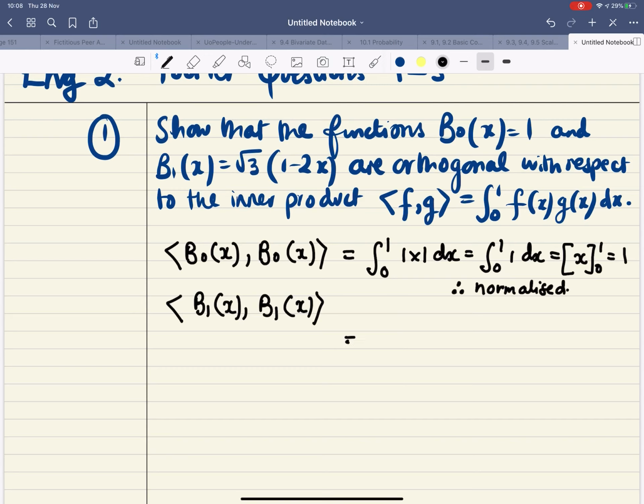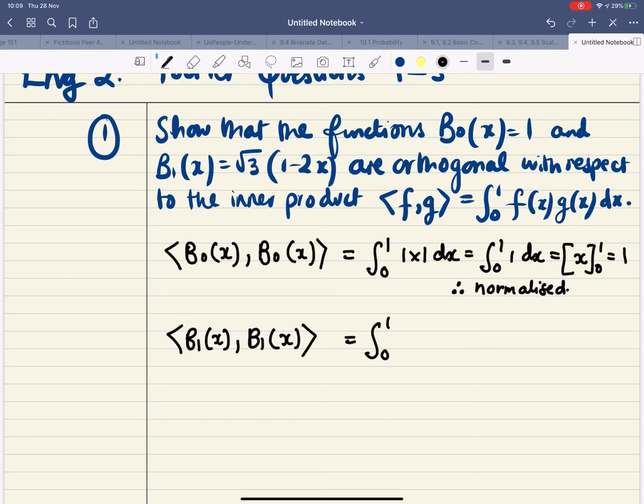So this next one, this is the integral from 0 to 1. Let's put this down a line, it's too squashed otherwise. b1x with b1 of x, integral 0 to 1. Now it's root 3, 1 minus 2x, and because it's with itself, it's actually that thing squared.